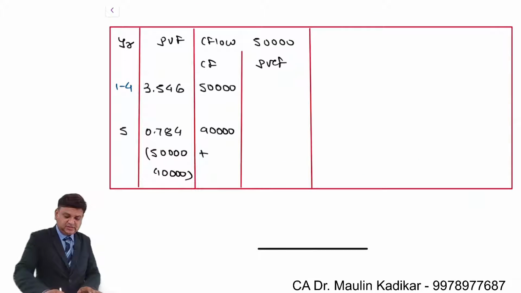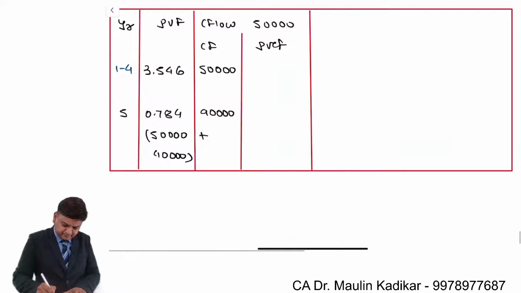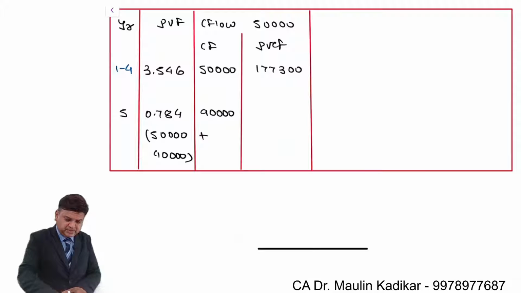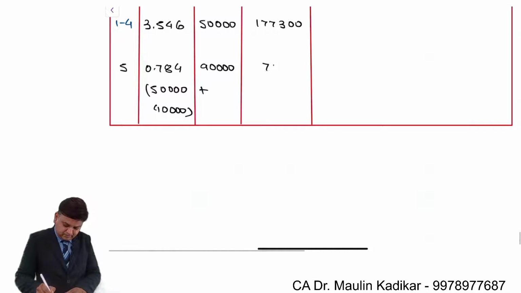So what will happen, friends? 3.546 into 50,000, 1,77,300. 0.784 into last year cash inflow is 90,000, 70,560, plus 1,77,300.